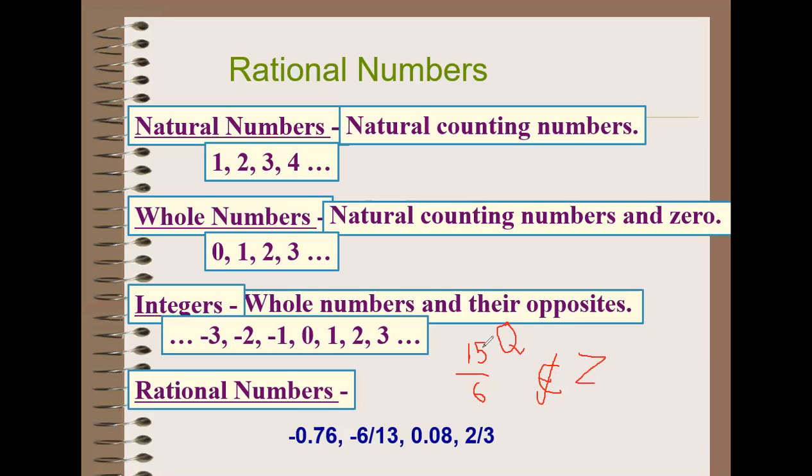Because 15 over 6 is a fraction, and 15 is not divisible by 6. For this reason, it's a rational, but it doesn't belong to integer. We said if it was 15 over 5, yes, in this case, it's a rational and it belongs to integer.